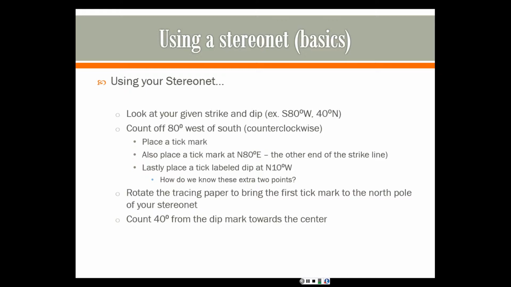What do we know about dip direction? Perpendicular. Dip direction is always exactly perpendicular to the strike line. So north 10 west, oops, that should be north 10 east. That is a typo. North 10 east.